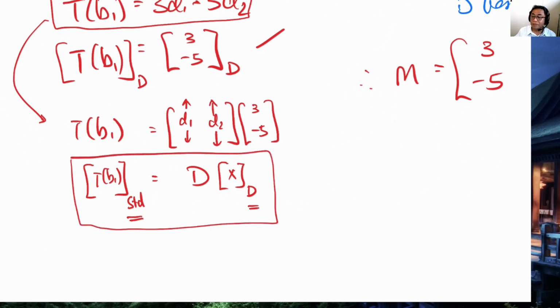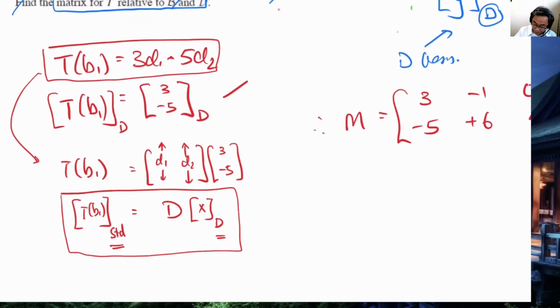Therefore, we can see that this blue box here is actually T(B1) in the D basis.